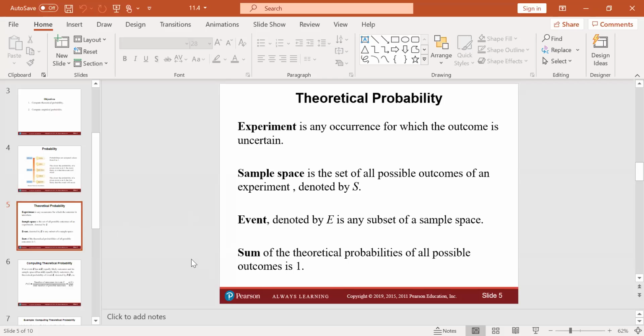But sometimes that may not be the case. It just depends on what you're talking about. So the sum of theoretical probabilities of all possible outcomes is 1, meaning if I add up all the possible outcomes, altogether the probability comes out to exactly 1 or 100%. Again, that shouldn't surprise you. It shouldn't come out to greater than 1. It shouldn't come out to less than 1, or else you've missed something. There's some outcome that's still possible that you haven't accounted for.